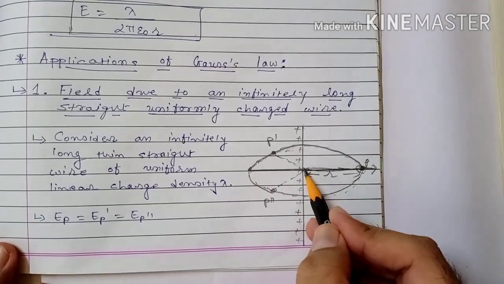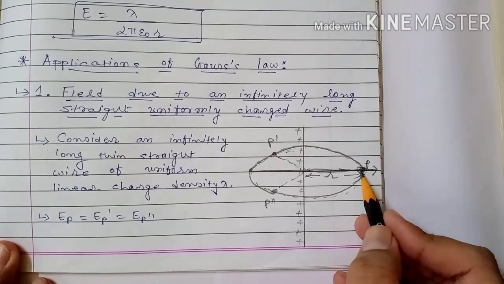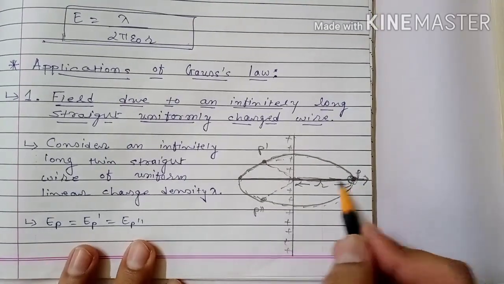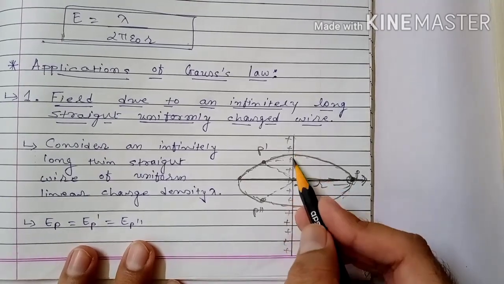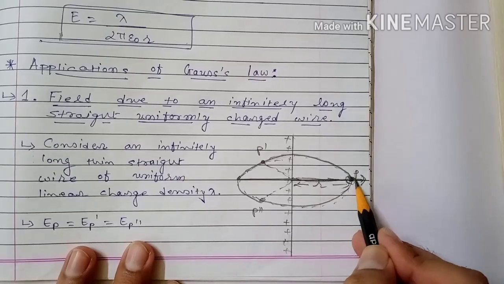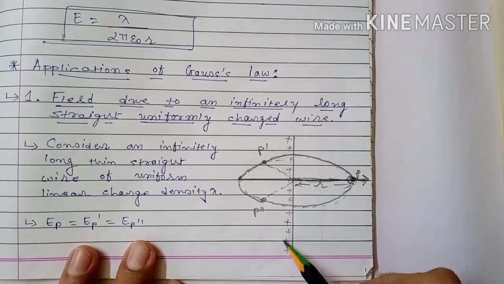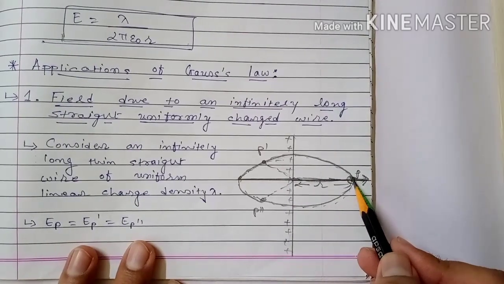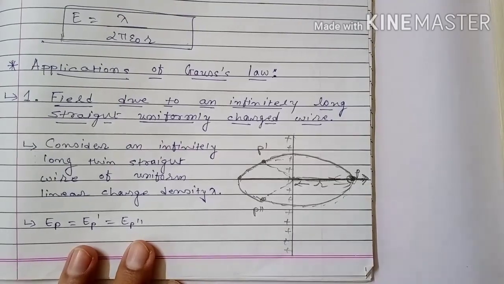Now at some distance r, if we consider a point P, then at point P the electric field will be away from this line charge, because I told you that due to positive charge, electric field is away from the charge. Instead of this positive charge, if we take negative charge, then the direction of electric field will be towards the negative charge. The direction will change.